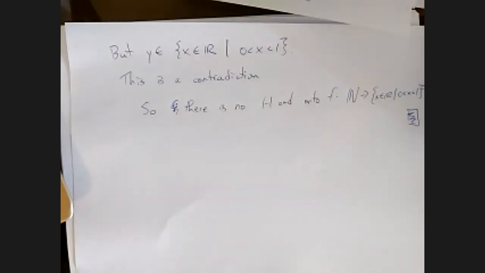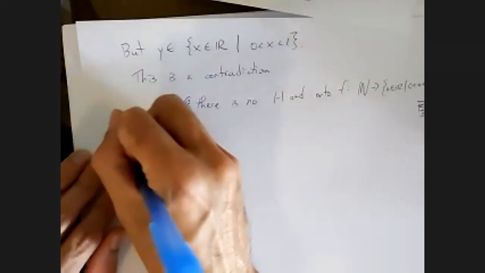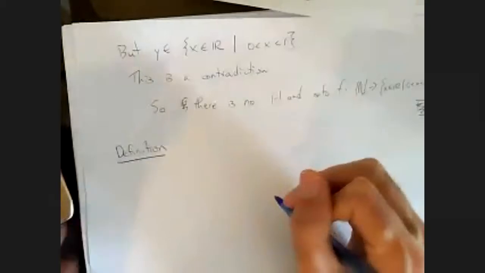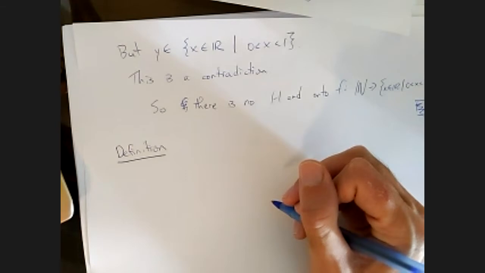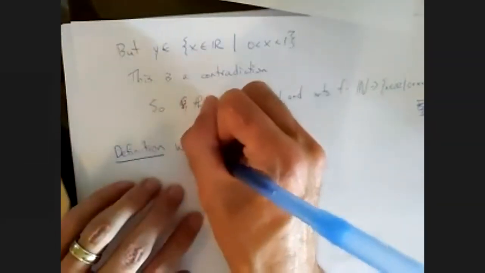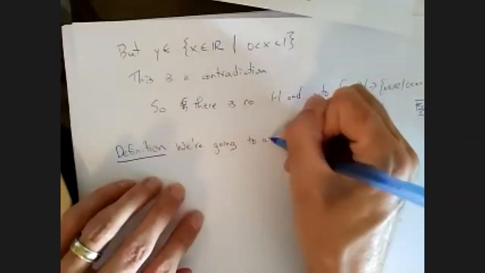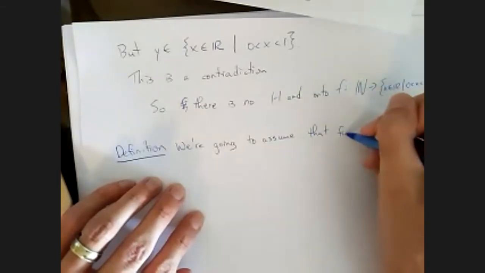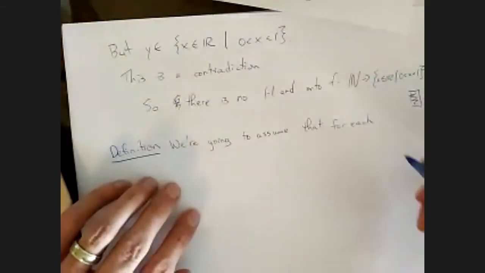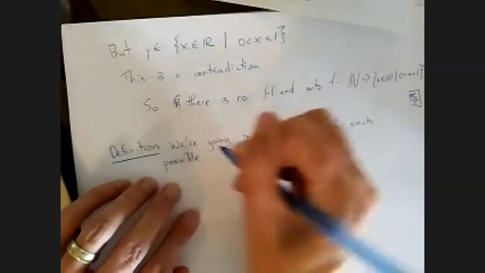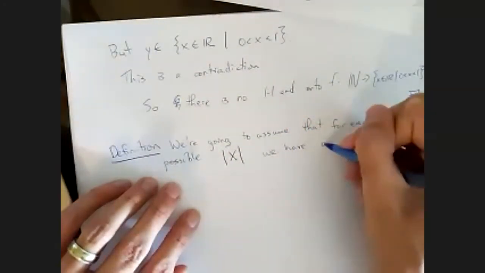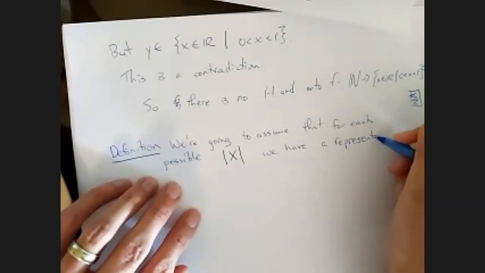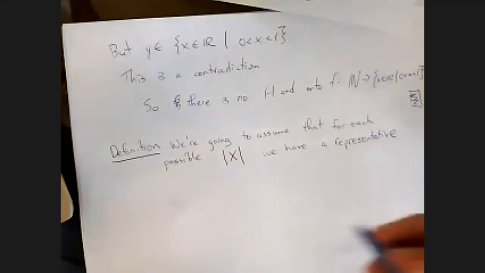So first, okay, we're going to assume that for each possible cardinality X, you have a representative kappa.